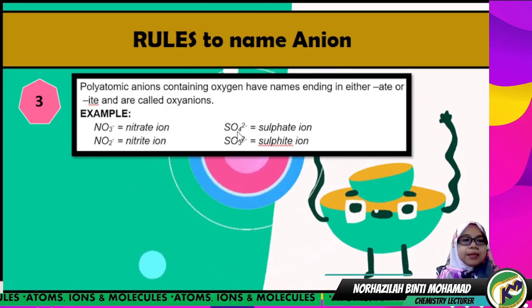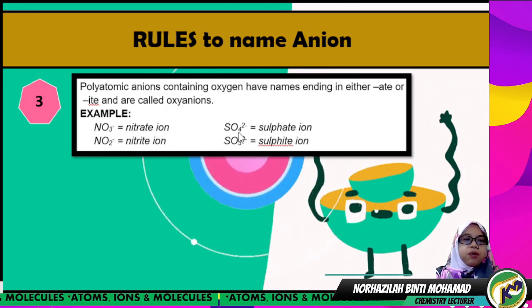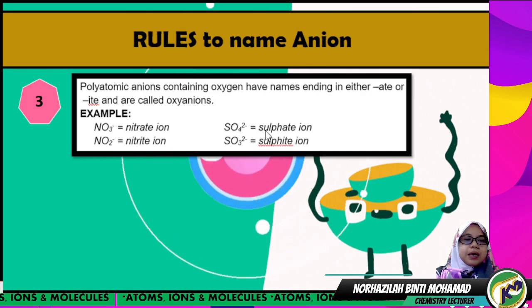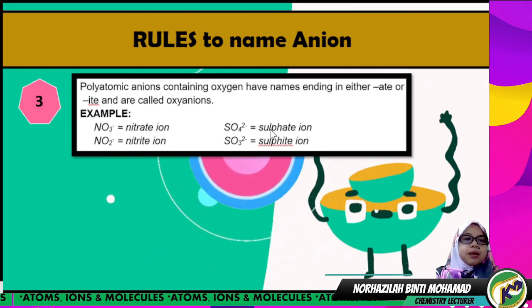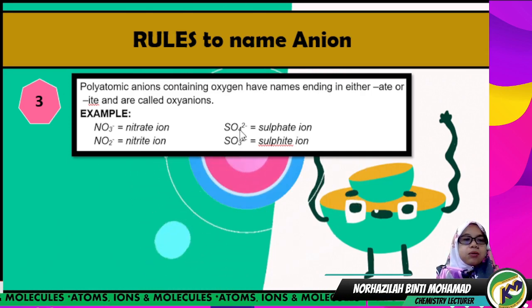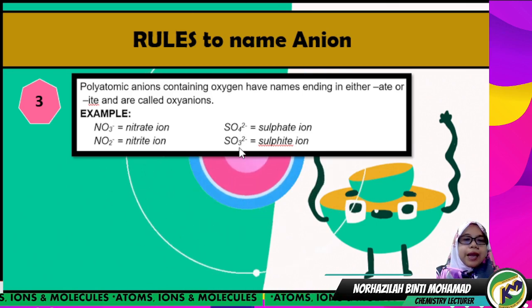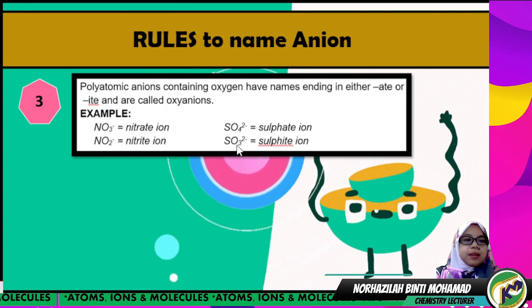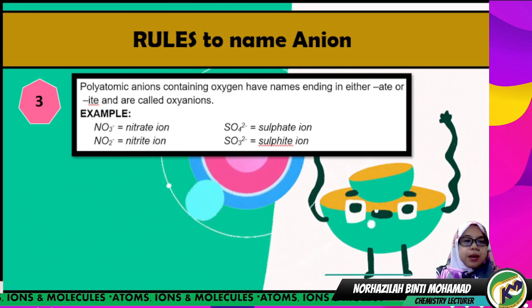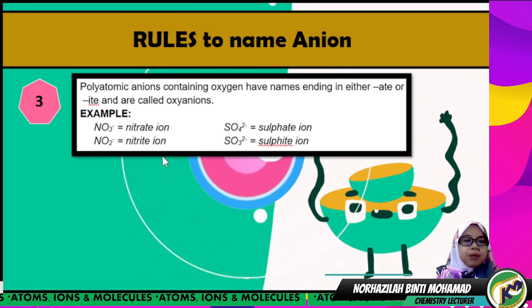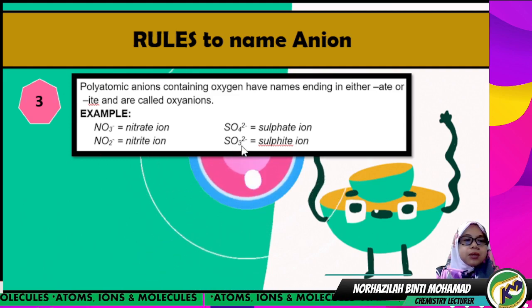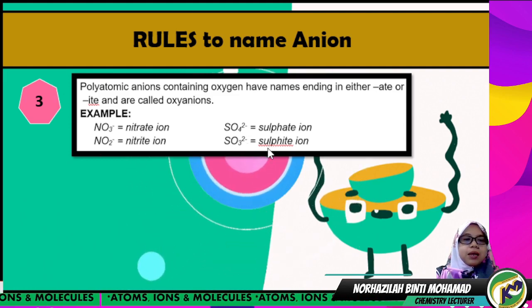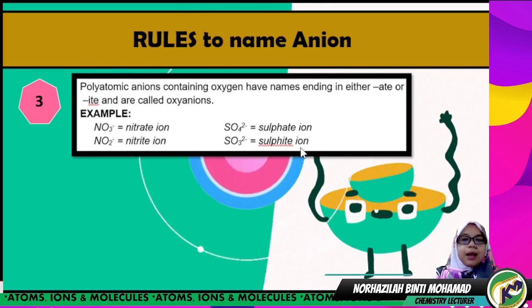Same as this one, we have SO4 2 minus, which is a sulfate ion. If the oxyanion lacks one oxygen, like SO3 2 minus, we call it sulfite ion.